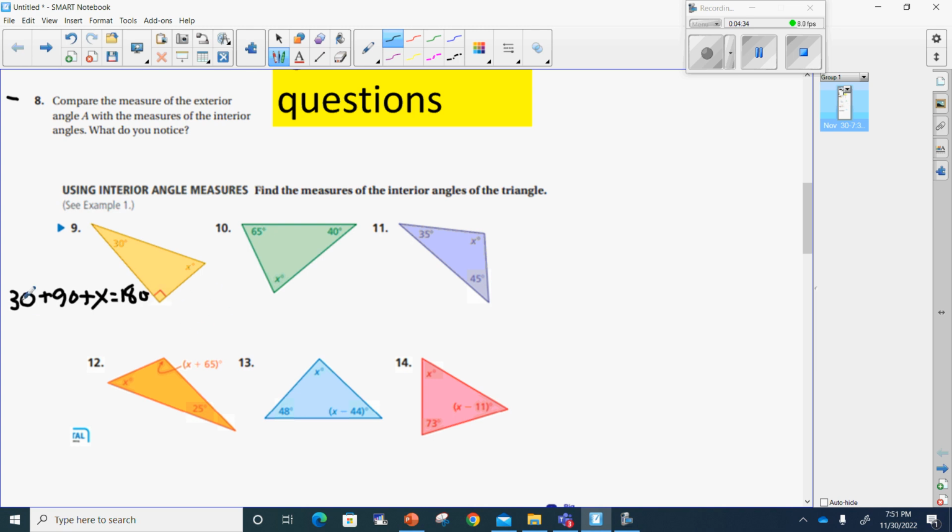All right, so I can add 30 and 90. That's going to give me 120. So I have 120 plus x equals 180.